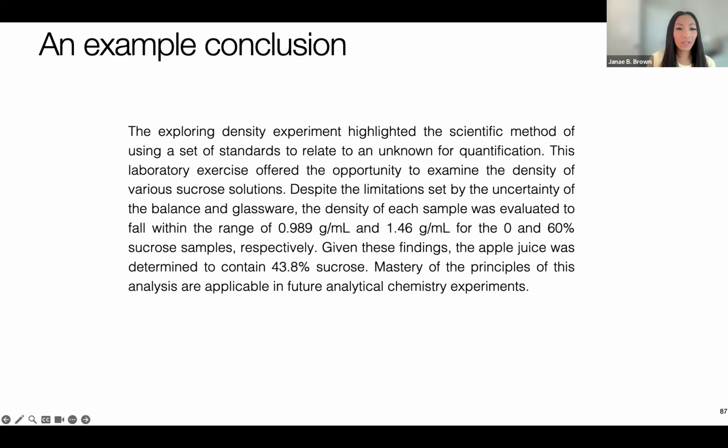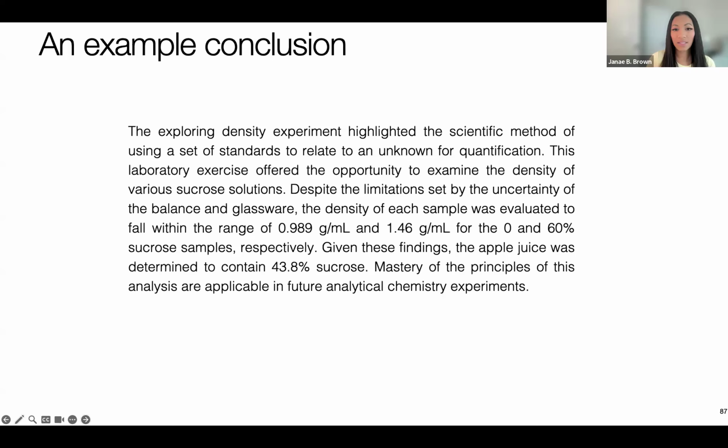An example conclusion includes: The exploring density experiment highlighted the scientific method of using a set of standards to relate to an unknown for quantification. This laboratory exercise offered the opportunity to examine the density of various sucrose solutions.